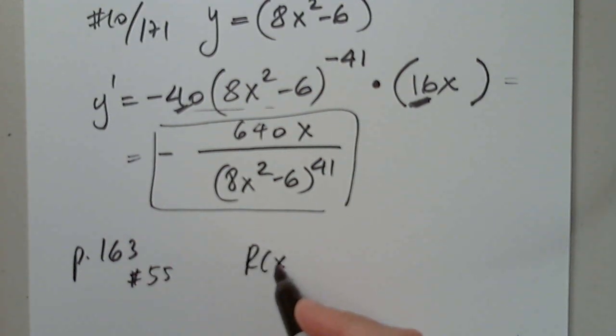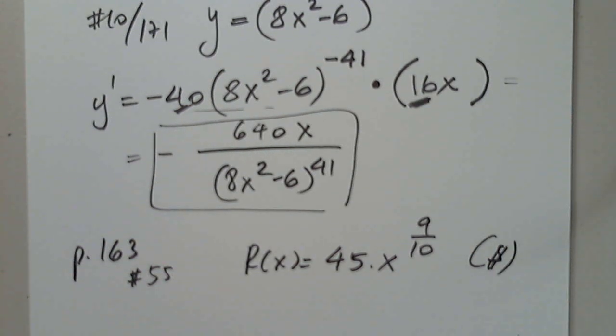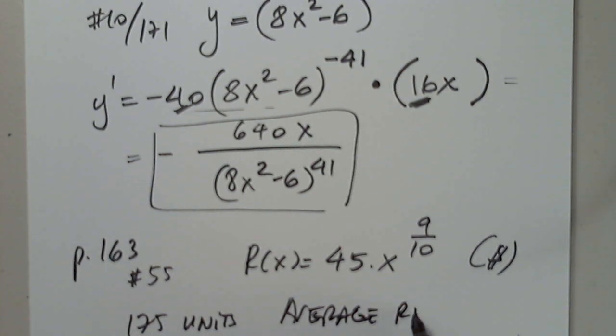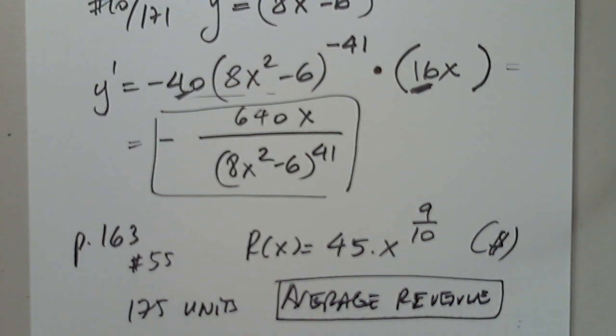We're given the revenue as 45 times x to the 9 over 10, in dollars. Find the rate at which average revenue is changing when 175 units are produced. The average revenue. So the rate of change of the average revenue.